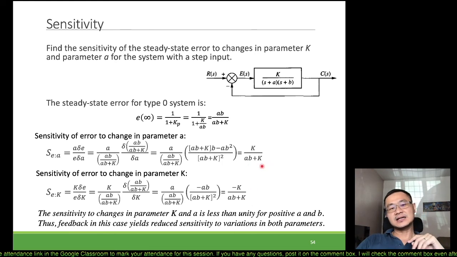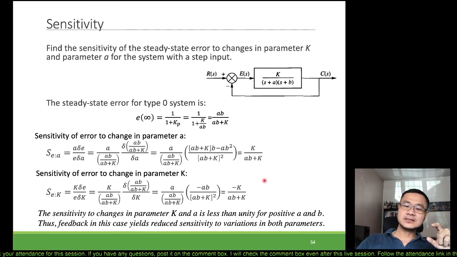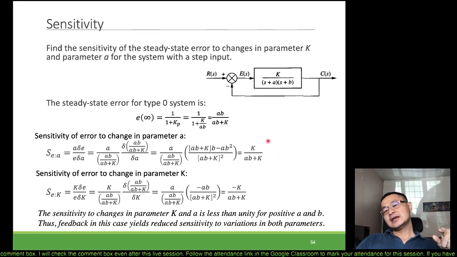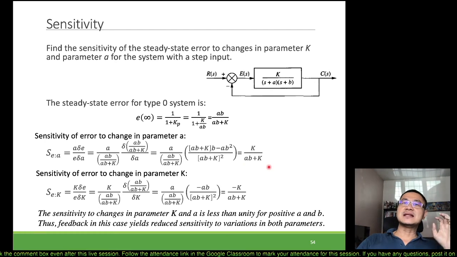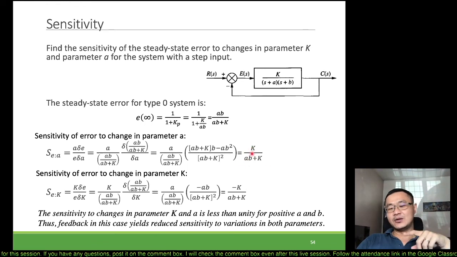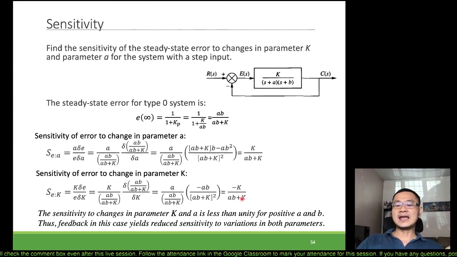From this value itself, what we notice is that if a and b are positive, then this fraction will always be less than 1. Let's say the k value is 100, divided by 100 plus a positive value, so this would be less than 1 if ab is positive. Same thing for this one, it will be less than 1 when ab is positive.